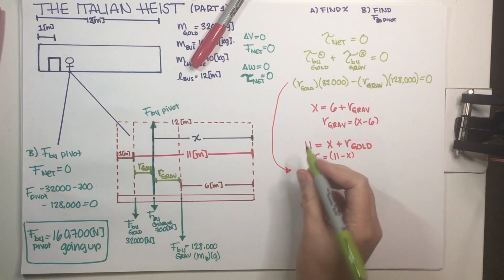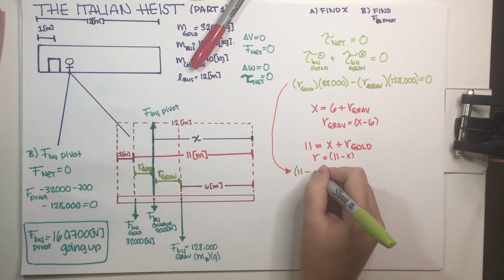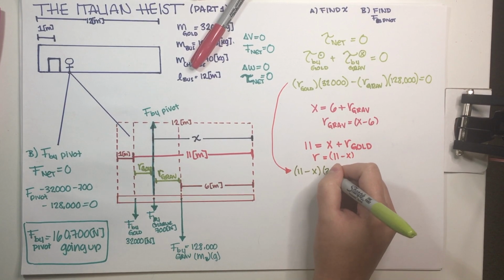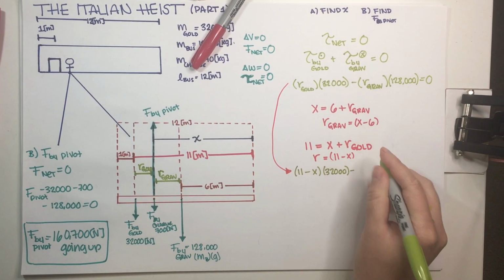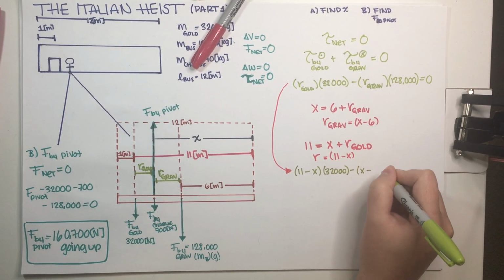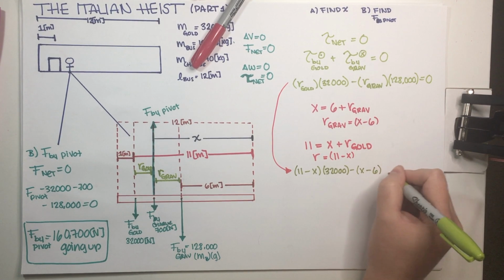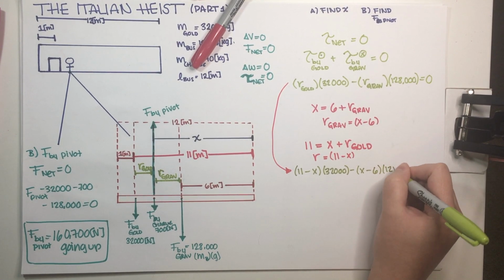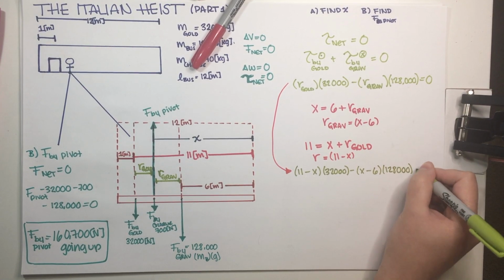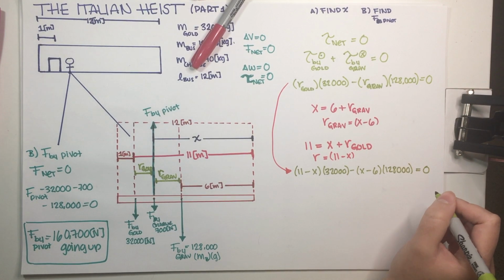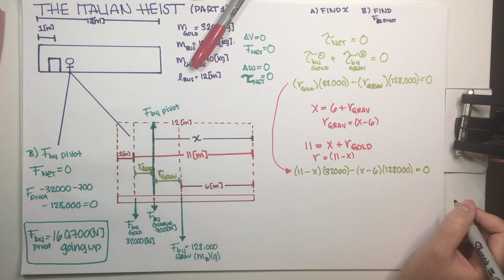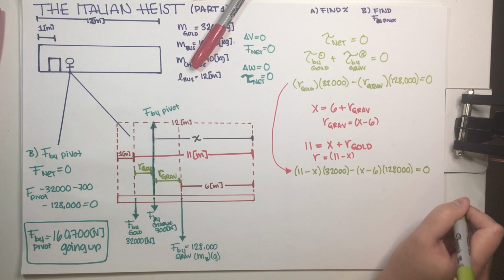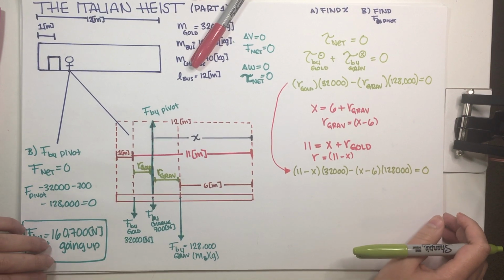So our gold is 11 minus x times 32000, and our gravity is x minus 6 times 128,000, and this has to be equal to 0. There we go. So now basically all I have to do is factorize. Yes, so let's go ahead and do that.